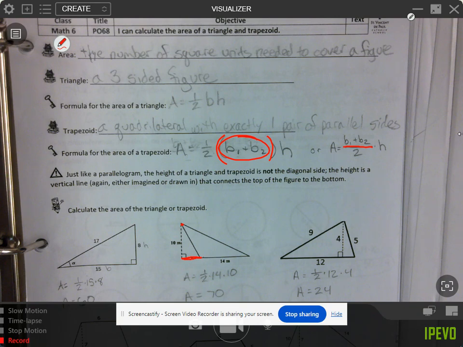For a triangle, it may or may not be a side, inside the triangle, or outside the triangle. As long as it's that top point to the base. And for our trapezoid, it is the two bases.